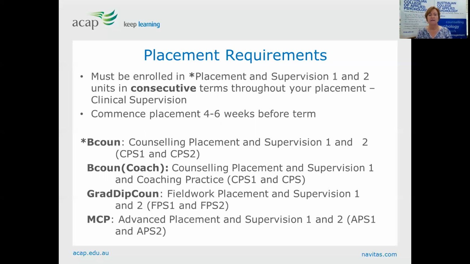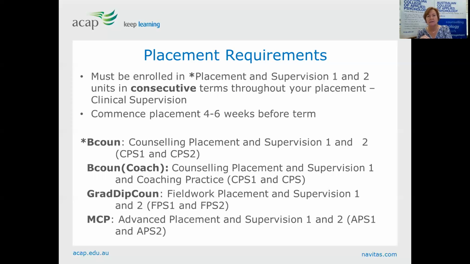So in the Bachelor of Counselling, your clinical supervision unit is called Counselling, Placement and Supervision 1 and 2. Same with Bachelor of BCoun Coach. Now, these are a bit confusing. Your first one, Counselling Placement 1, that's exactly the same as Bachelor of Counselling. The second one is called Coaching Practice.